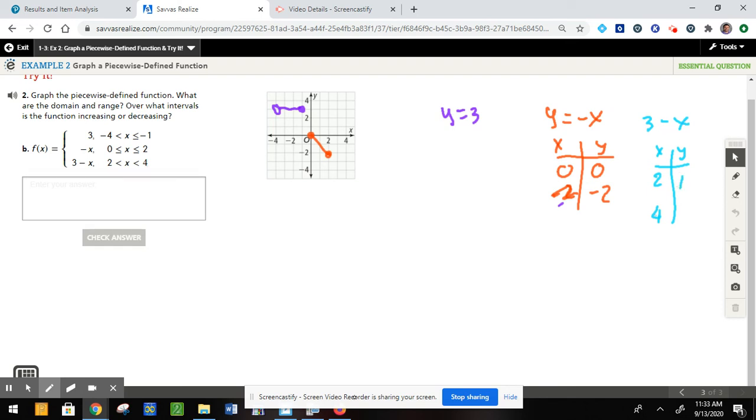If I substitute 4 in for x, 3 minus 4 is negative 1. So those are my ordered pairs. These will both be open circles given the inequalities given in the domain. So 2, 1, right 2 up 1, open circle there. 4, -1 will be right 4 down 1. Then I connect them. All right, so that's what your graph looks like.